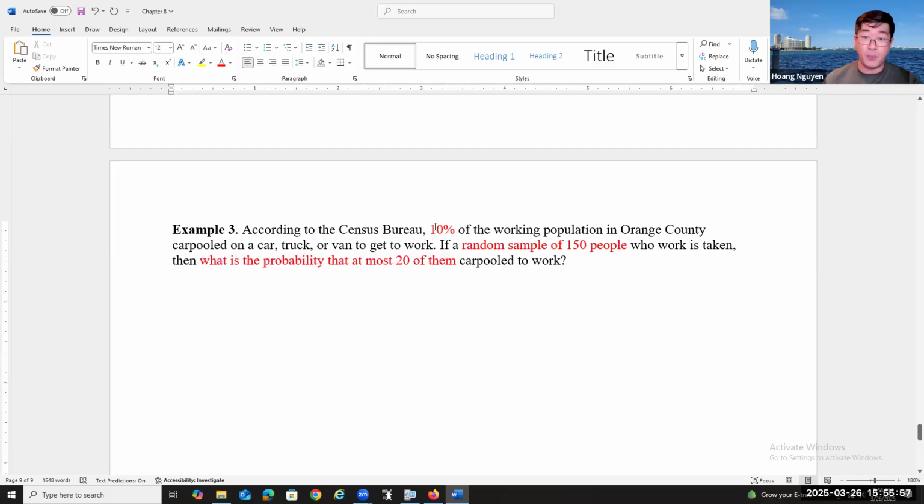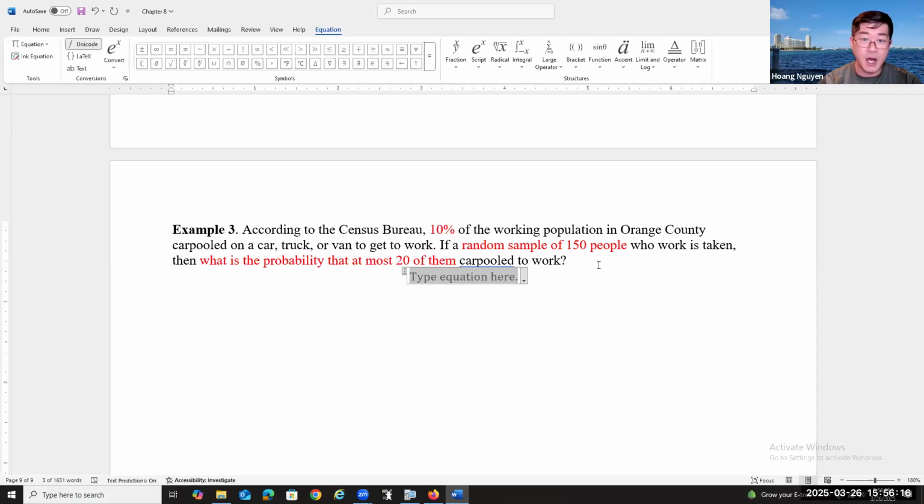So this is the proportion. The question gave it to you in terms of proportion: 10% of the working population in Orange County carpool to work. In this population, we randomly selected 150. So let's summarize what we have so far.